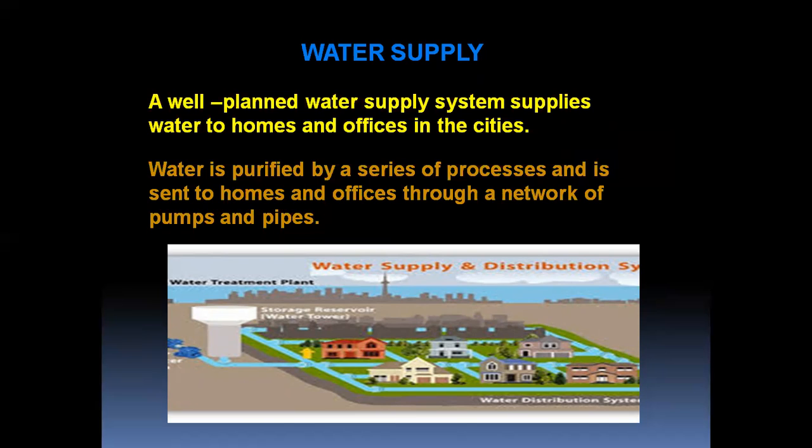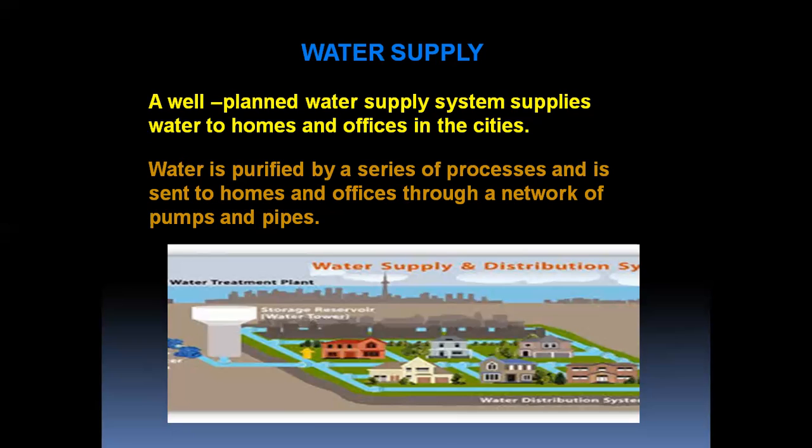The water is purified by a series of processes and sent to homes and offices through a network of pumps and pipes. The network is inserted underground, and this purified water comes from a reservoir, and from there it is supplied to different areas.